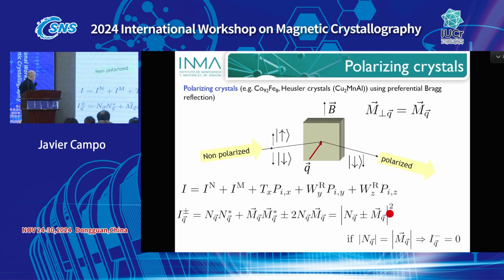And then if I arrive to have the same magnetic structure factor as the nuclear structure factor, the same modulus, then I will see that one of the intensities is 0, because this is equal to this, is 0. And this is one way to obtain polarized beams.